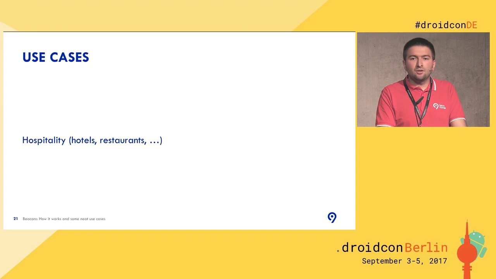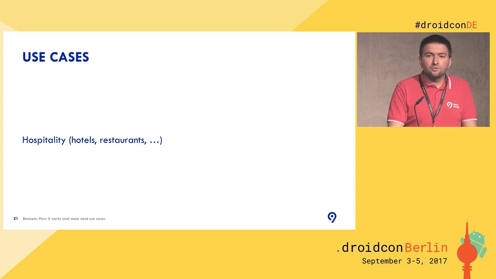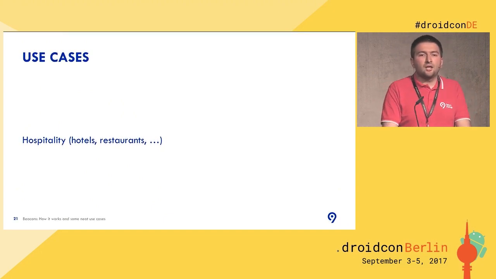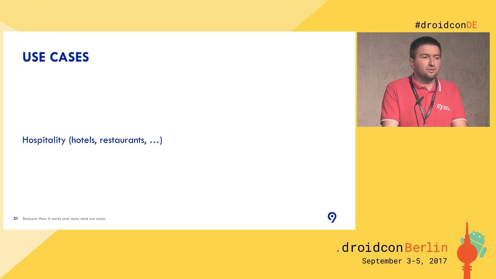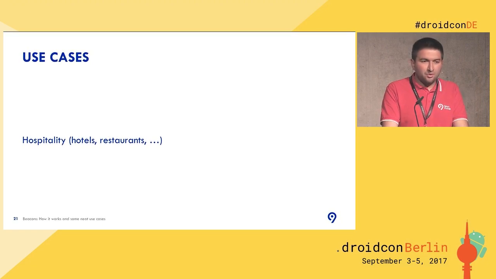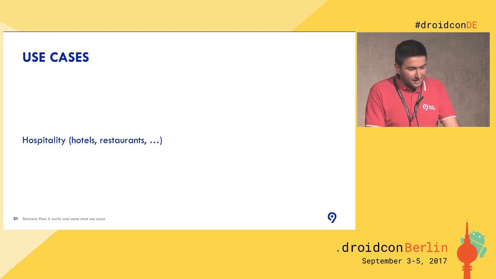When you are in the lobby of the hotel, if you're using their app, the app can notify the reception that you are here and need to check in, and they will prepare all the documents, keys, etc. So you can do that really fast. You can also unlock the door of your room by just being in front of the door, and the door would automatically open. However, I'm not sure about the security aspect of this.